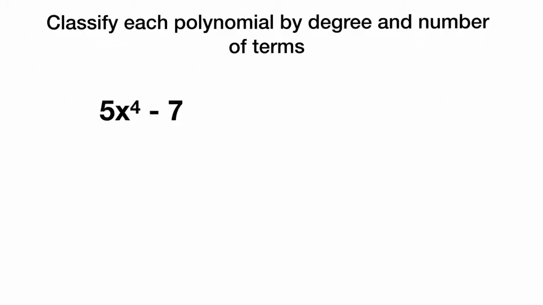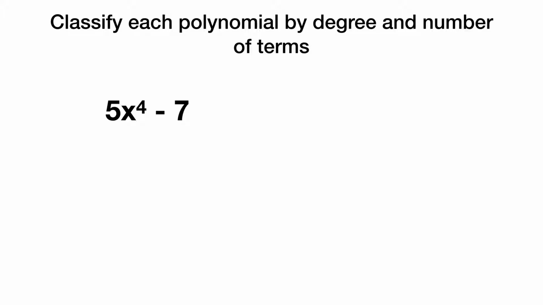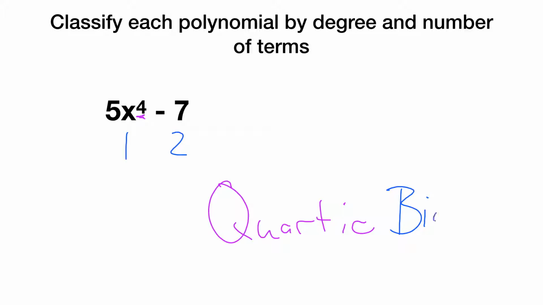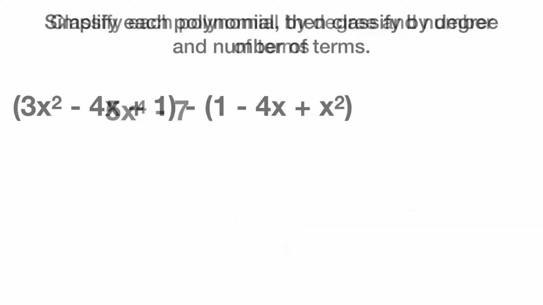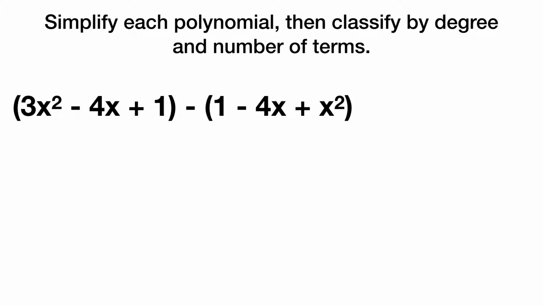All right, so let's classify each polynomial by the degrees and the number of terms. So we're going to start with this one. First thing, it's to the fourth degree, which means quartic. And there are two, which means binomial. Now let's try this one. Notice that we're subtracting.